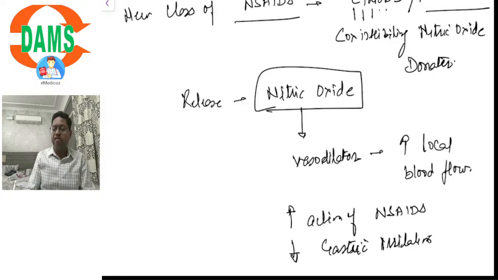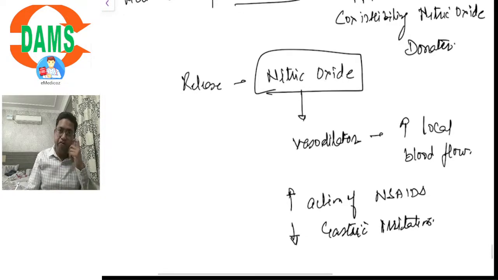One of the most common side effects that the patient reports with too much of analgesic is they complain of gastritis, burning in the stomach. So when the local blood flow is increased, the drug would diffuse fast, act fast, and it would be locally eliminated fast as compared to the conventional non-steroidal anti-inflammatory drugs.